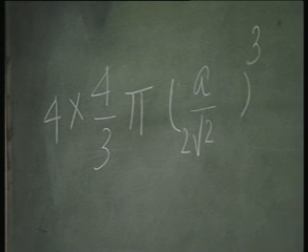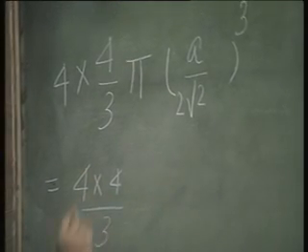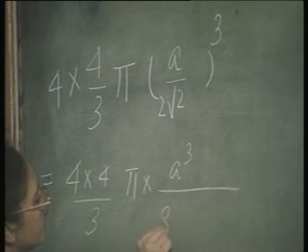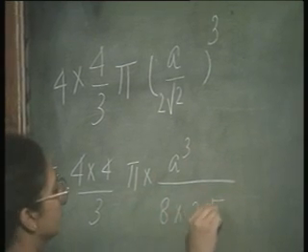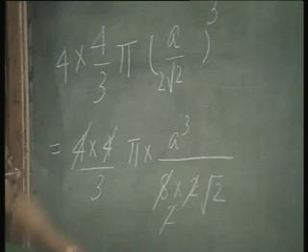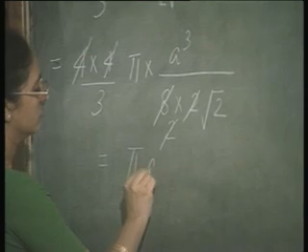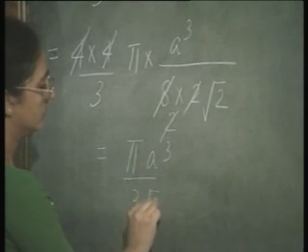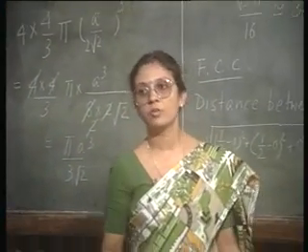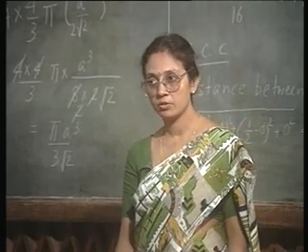So, this works out to be, for the percentage of volume that is occupied, simply pi by 3 root 2.